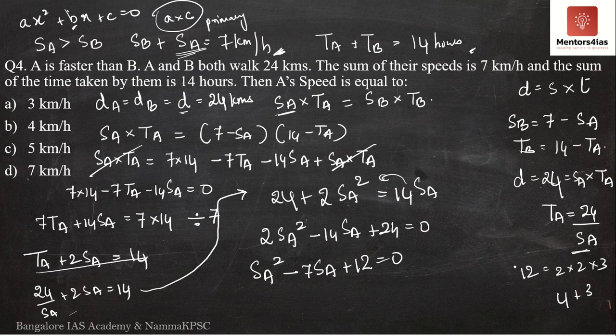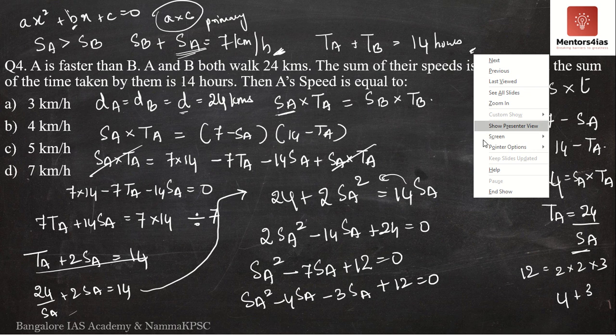Also 4 into 3 is equal to 12. So I'll represent 7 in terms of 4 and 3. So what do we have here? SA square minus 4SA minus 3SA plus 12 is equal to 0. Now let me erase this entire thing so that we have more space to solve.